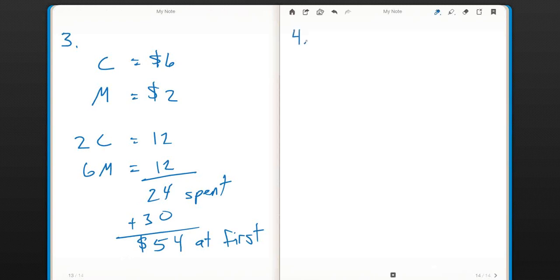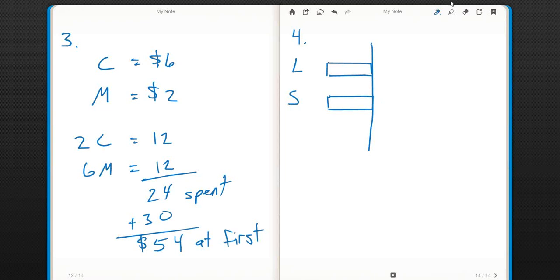Problem number 4. Lily and Sarah each had an equal amount of money at first. So we're going to start out like we many times do with a bar graph, just a graph using blocks, using bars. And we know that Lily and Sarah each have an equal amount of money. So whether or not it looks like they're exactly the same length, we're going to call them the same length.